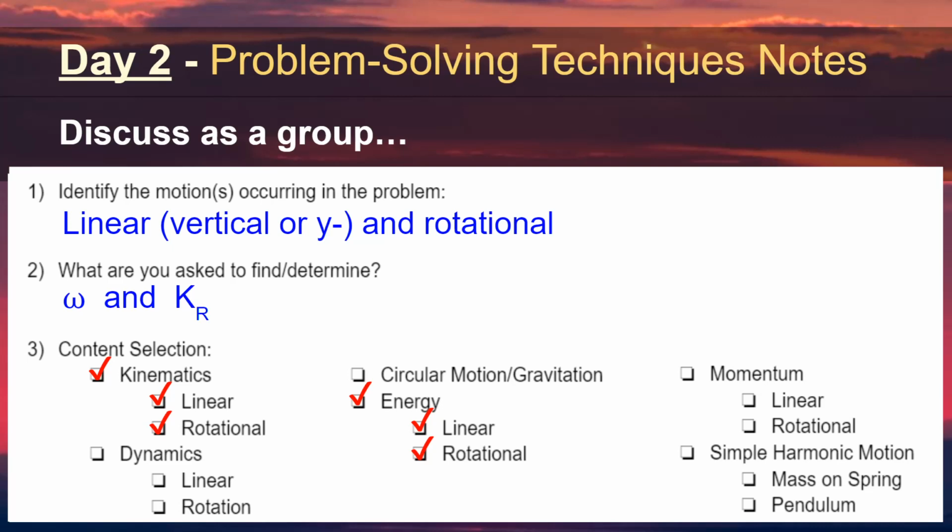Obviously, circular motion and gravitation would not be either. But energy definitely would, because we could analyze that linear and that rotational kinetic energy and the forms of energy that are present. Potentially, again, we don't know if that's what would be most useful, but we could analyze a situation like this. What about momentum? Yes. Specifically rotational. And then simple harmonic motion, no, not really.